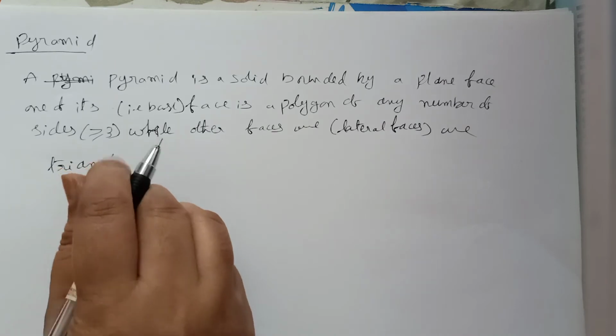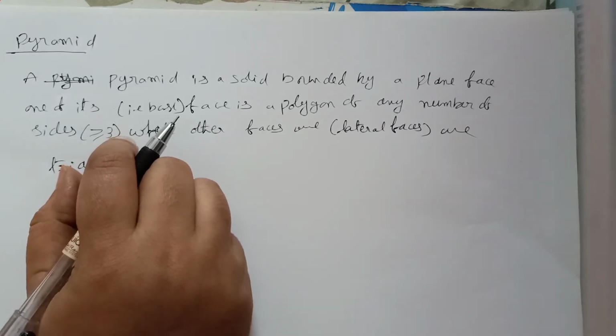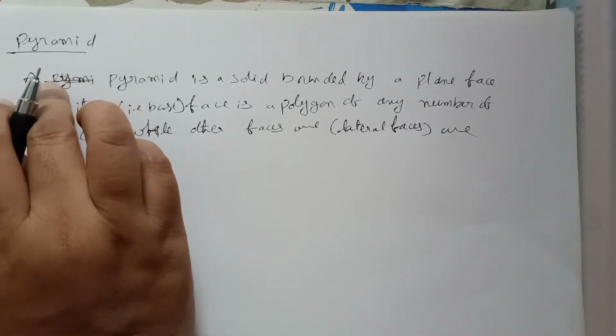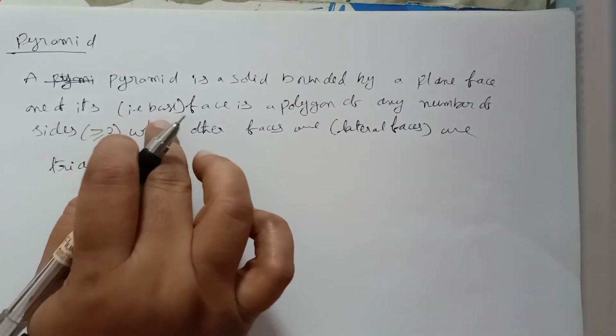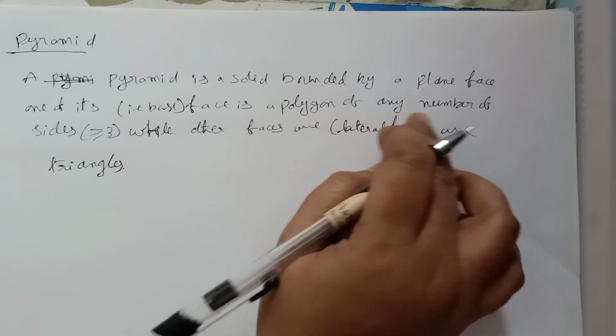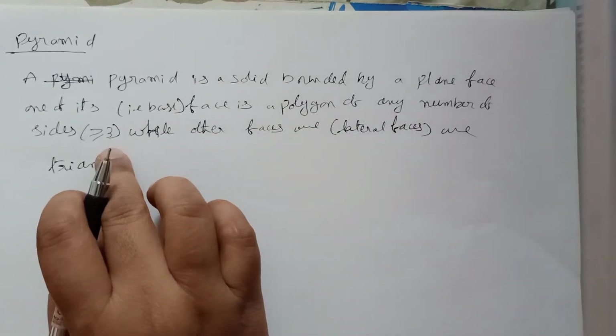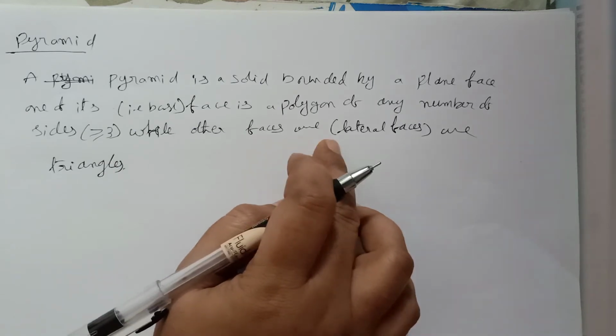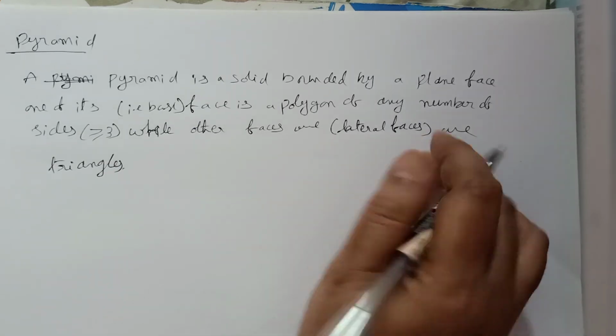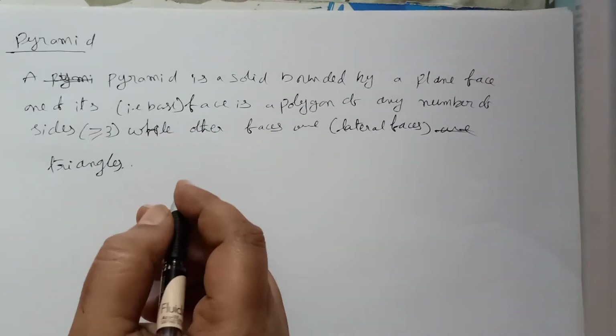So then how to define a pyramid? A pyramid is a solid bounded by plane faces. One of its faces, that is the base, is a polygon of any number of sides greater than or equal to 3, while other faces, that is lateral faces, are triangles.